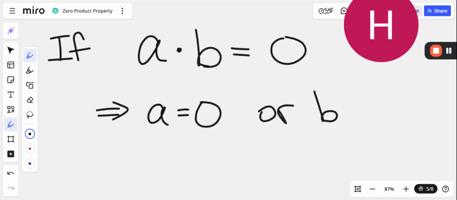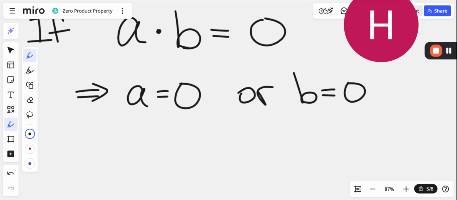I'll just say that we should consider the possibility that A equals 0, and we should consider the possibility that B equals 0. So not going to get into the logic of the semantics, but in strict logic, especially with mathematicians, when we say or, we just mean at least one of them. Doesn't necessarily mean only one or the other.